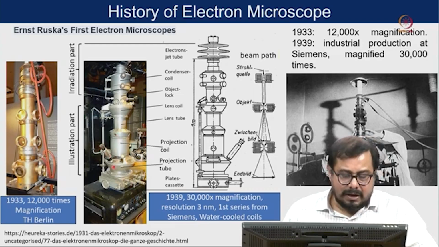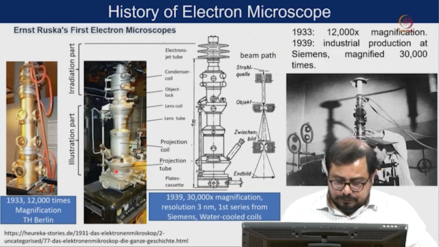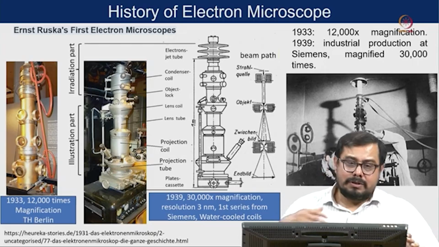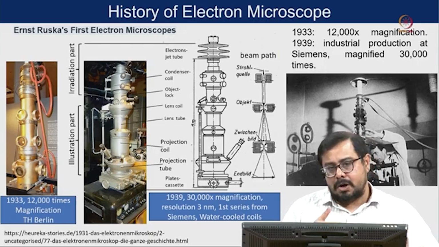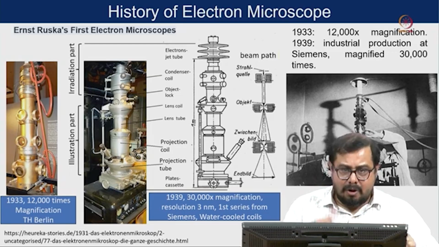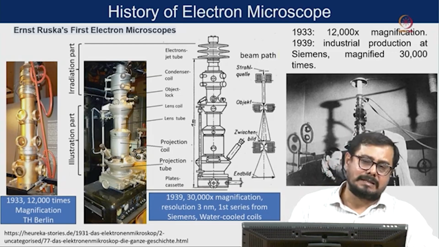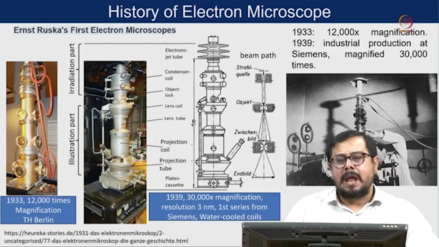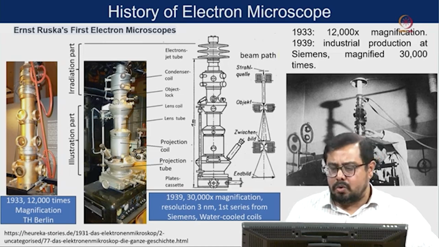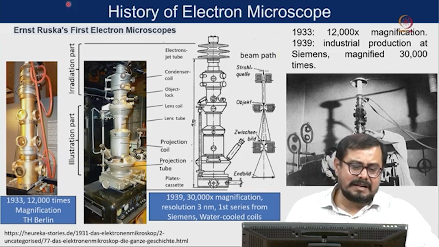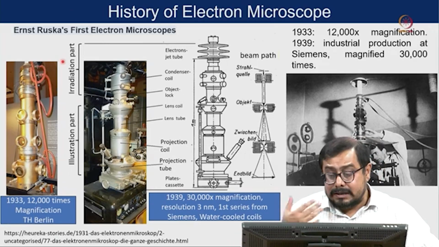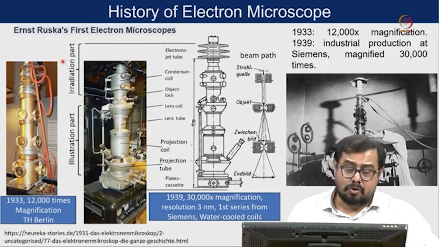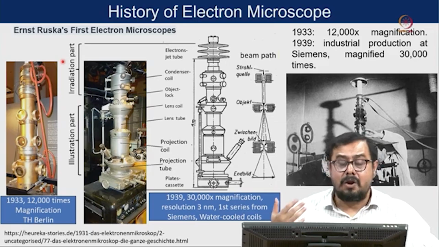Through that you can image any sample. This really helped after de Broglie's discovery that electrons have a wave-like property also, and that really encouraged scientists like Ernest Ruska to use the electron to make an electron microscope.